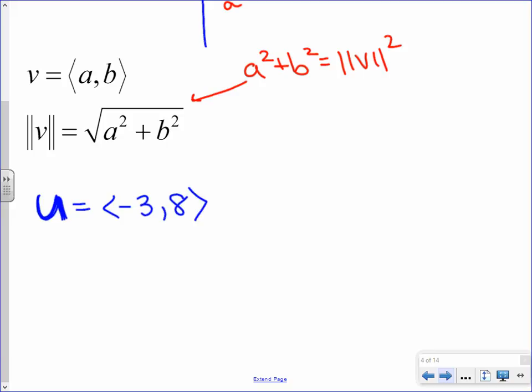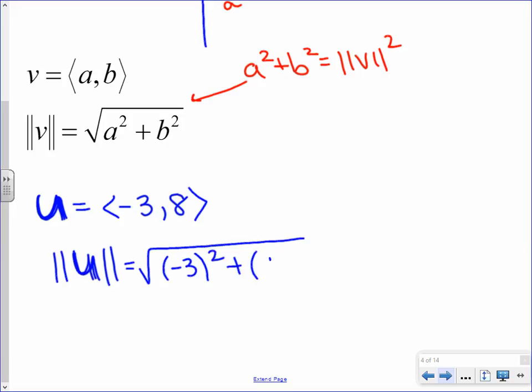Our previous example was the vector -3, 8. If we want to find the magnitude of the vector -3, 8, then all we have to do is take the horizontal component squared plus the vertical component squared and square root that quantity.